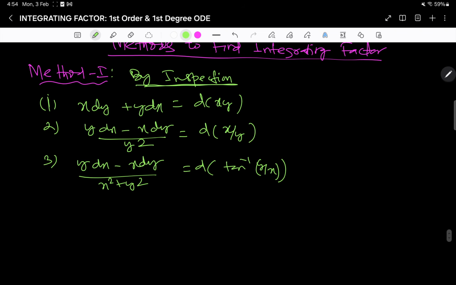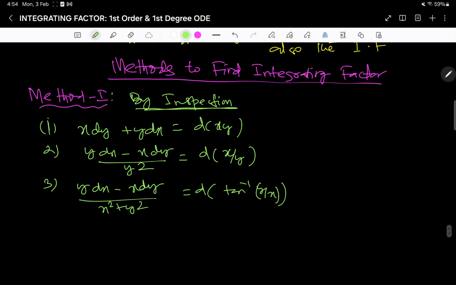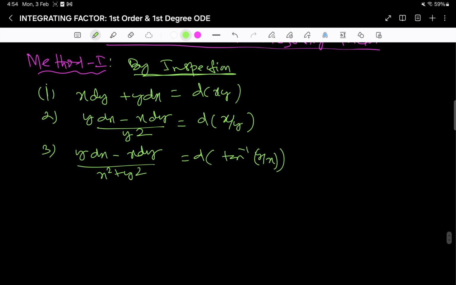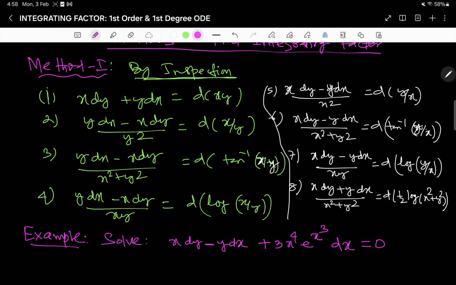A little understanding will make you aware of finding the integrating factor by inspection. Some more examples I am writing. Likewise, x dy minus y dx by x square is d of y by x. Accordingly, it is for tan inverse of y by x, and for log y by x.